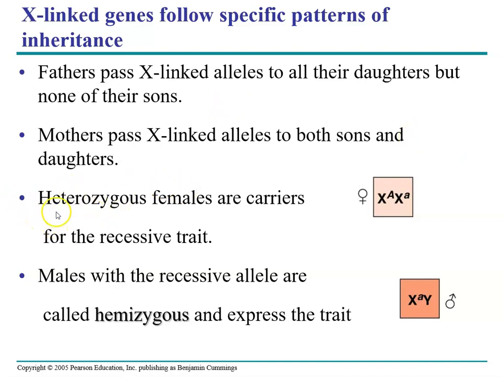If a female is heterozygous and has one recessive allele, and that is the allele for the trait, and a dominant allele that's normal, then she's going to be called a carrier for that trait. And that's not a new term. We've had that before. When it's a disease and they're heterozygous, they would be considered a carrier.